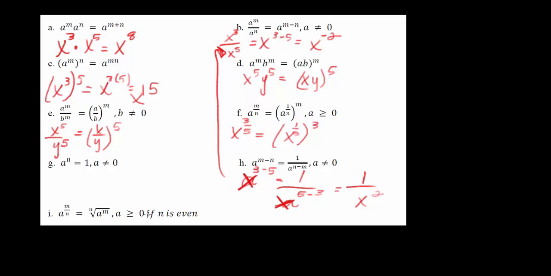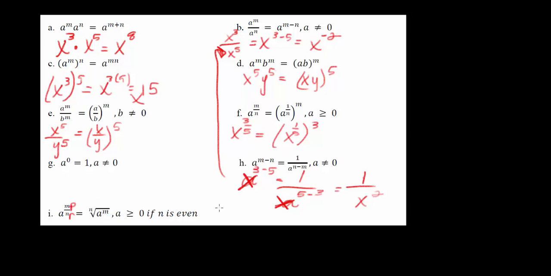And then right here at I, I'm sort of running out of room. But when we have an a to the power of m over n, I call these PR problems, public relation problems, because you have a power over your root. This is the nth root of a to the m power.